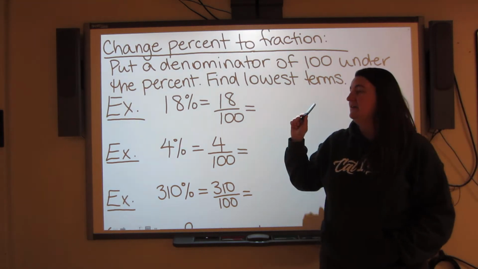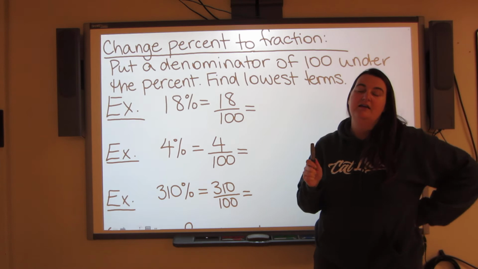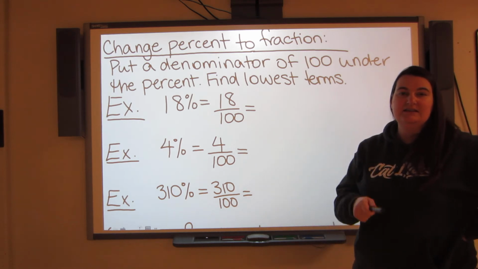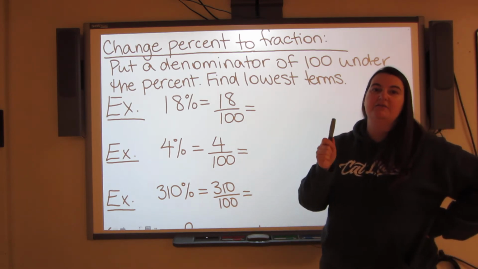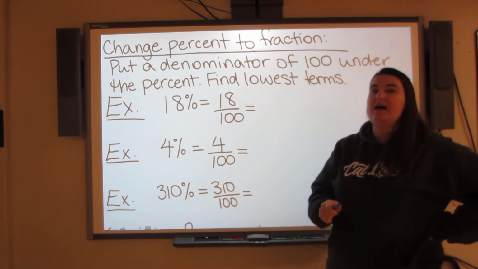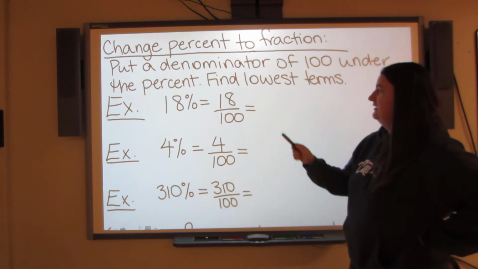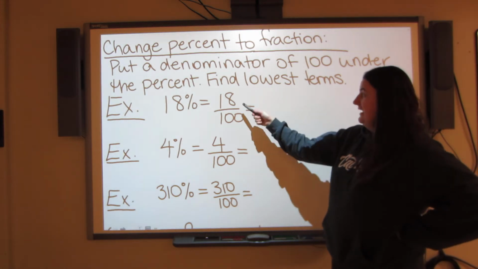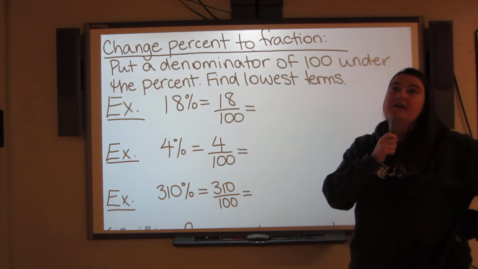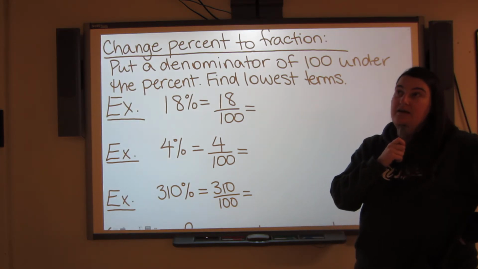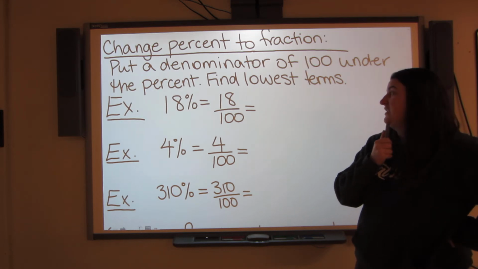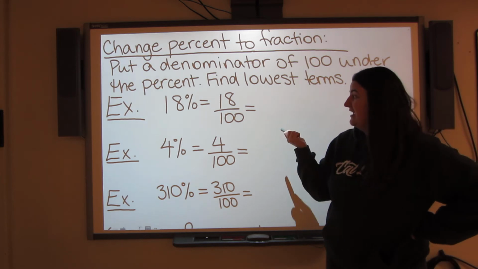So 1, 2, 4, 5, 8, 10, 12.5, 20, 25, 50, and 100 all go into 100. With 18, you think, okay, what goes into 18? 1, 2, 3, 6, 9, 18.